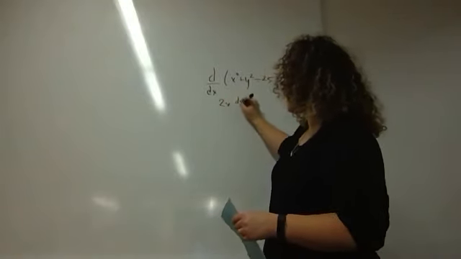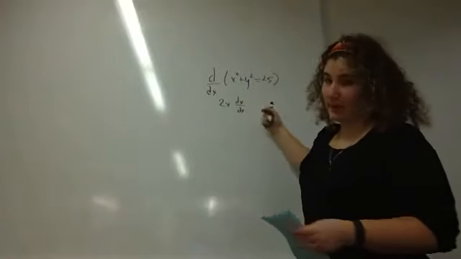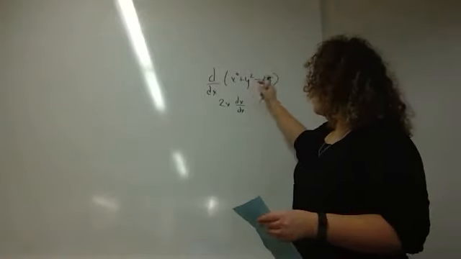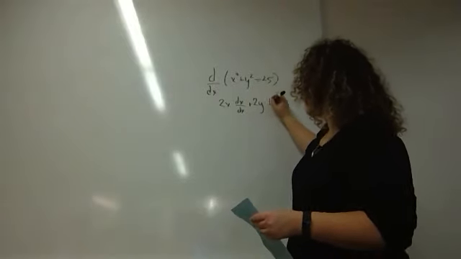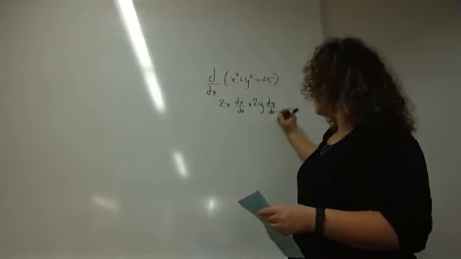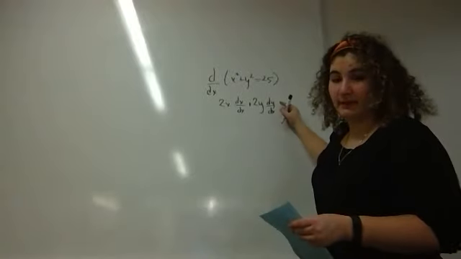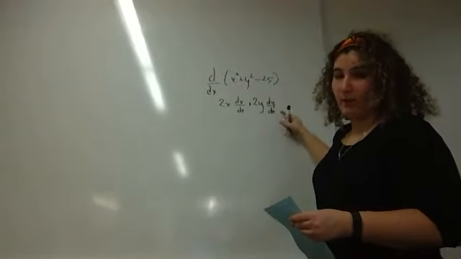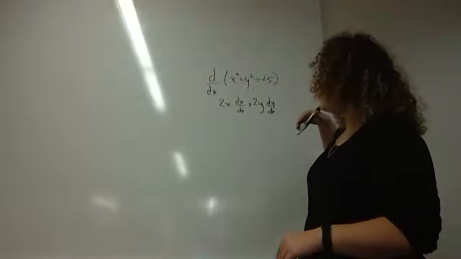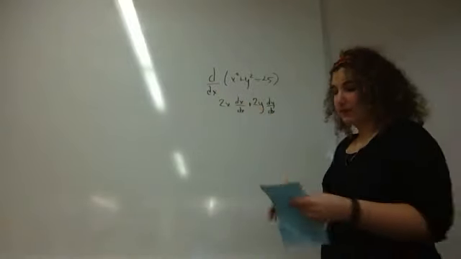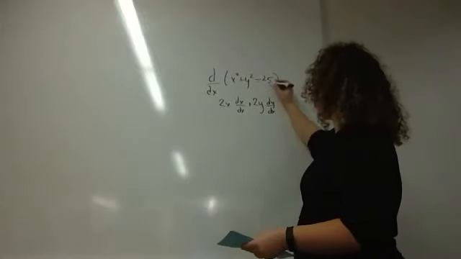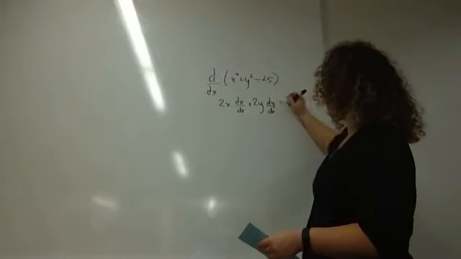It's going to be dx over dx, so we don't actually have to worry about that one. But with y, when we take the derivative, it's going to be 2y dy over dx. We're saying basically we took the derivative of y when the problem is saying with respect to x, just to simplify it. And then 25, that's going to be 0.